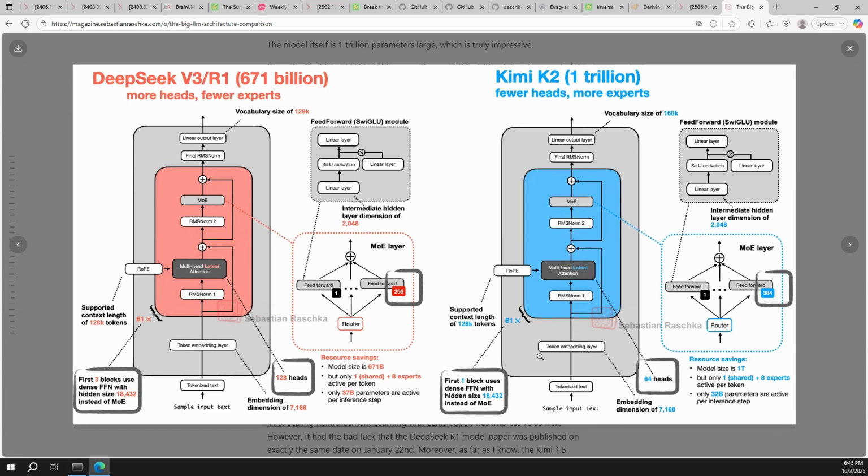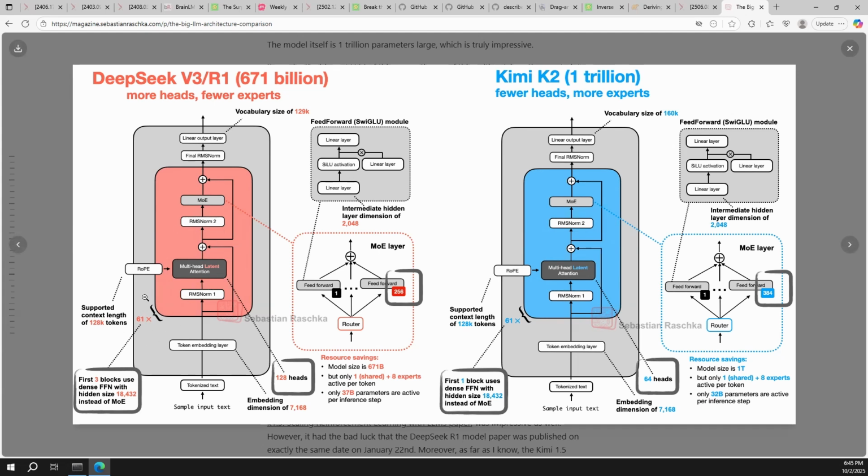They've got 64 heads, and the embedding dimension of 7,168 is not that wide, and 61 layers. So if you compare the DeepSeek V3 architecture and the Kimi architecture, there's a lot of things that they kept the same, like the model dimension and the number of layers.